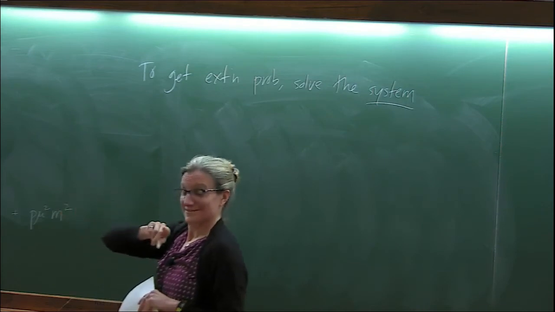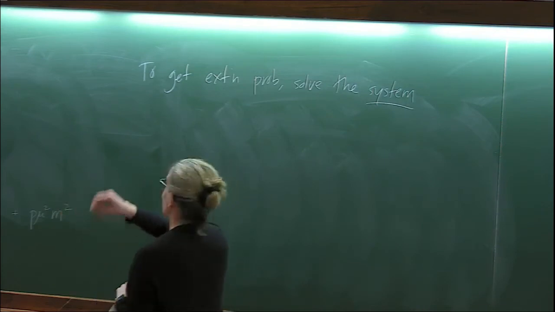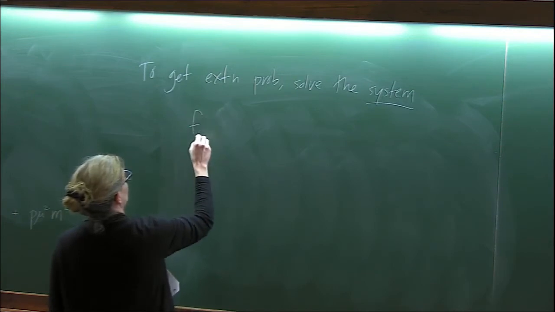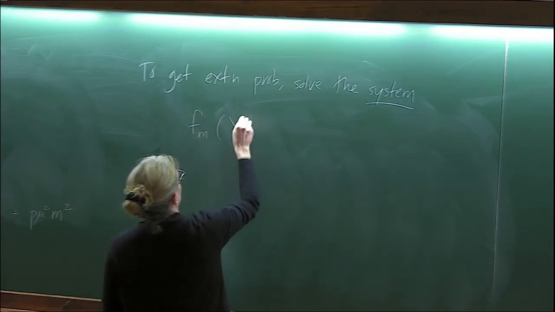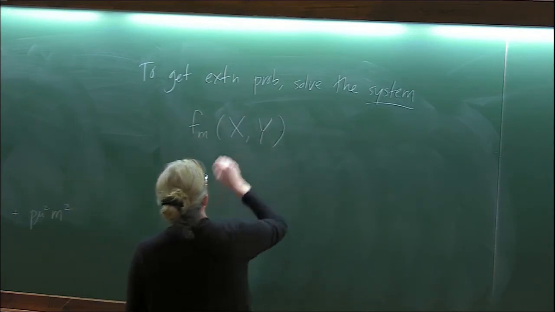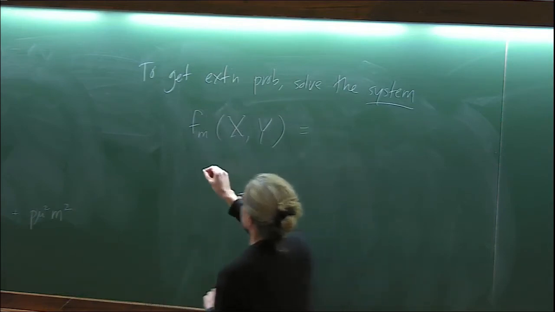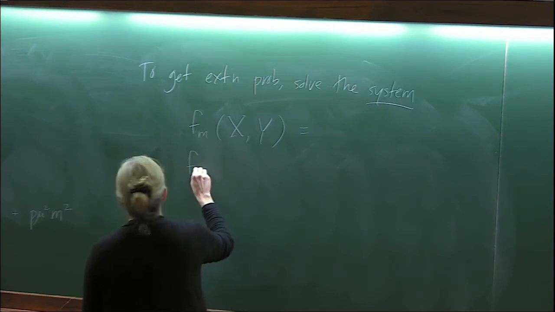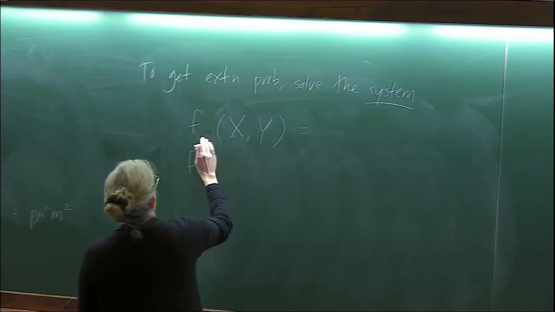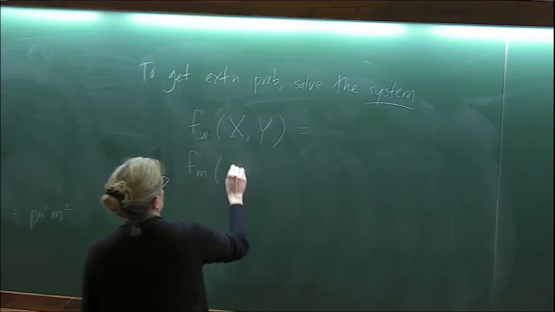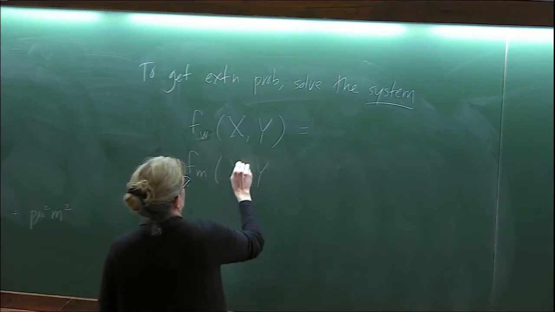Excellent segue. That's exactly the natural question. Yeah, so we're going to have F_m of x, y equals, and F wild type, let's do wild type first, that's what I've been doing, of x, y.